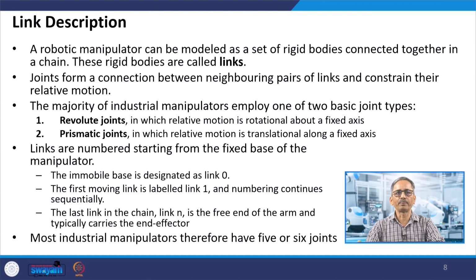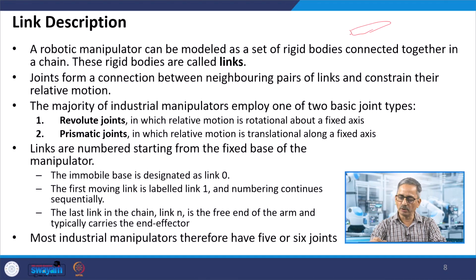Before we proceed, let us describe the links, because the links constitute the robotic manipulator. A robotic manipulator can be modeled as rigid bodies connected together as a chain, and these rigid bodies are called links. So, a robotic manipulator may have a connection of rigid bodies.